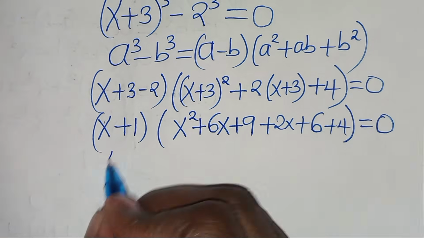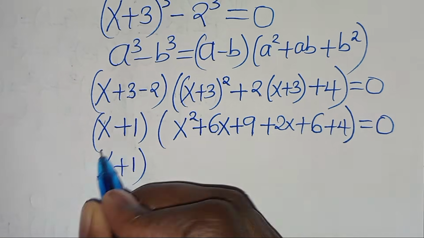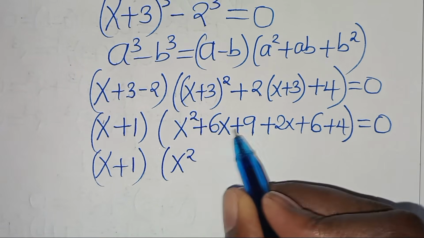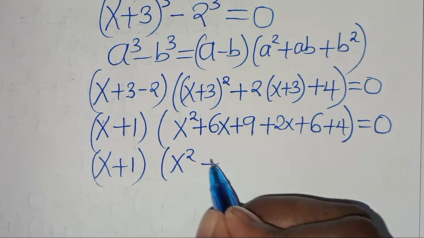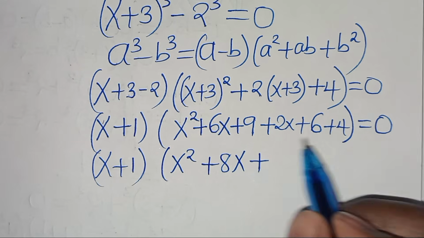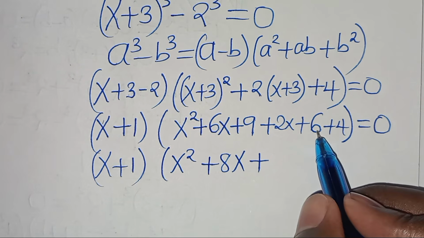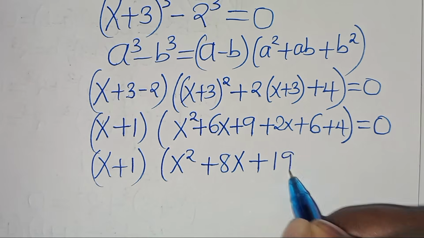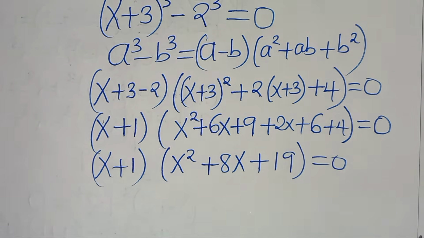The next step is that we have x plus 1, and here we have x squared, 6x plus 2x, this is 8x, then 9 plus 6 plus 4, this is 19, equal to 0.